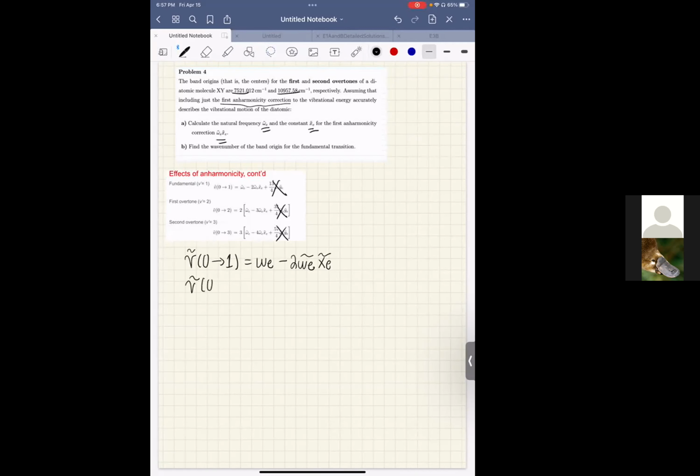Then 2ωe minus 6ωeXe. To solve for this, we just have to multiply the whole equation to cancel out one term. This is just linear equations, basically what we learned back in algebra.